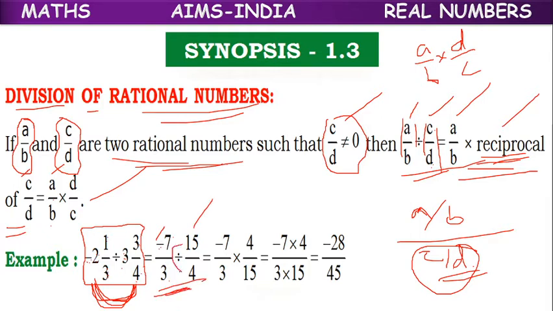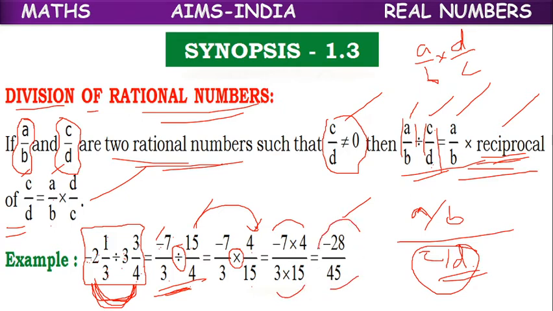Now the division part. If we write it as multiplication, what happens to the second rational number? We have to take its reciprocal. Instead of 15 by 4, we have to take 4 by 15. There is no possibility of cancellation with a common factor, so better to multiply them. 7 4 times 28, 3 15 times 45.